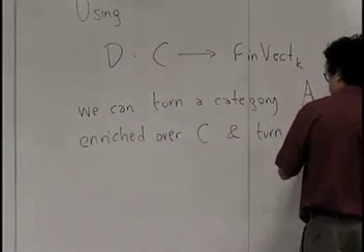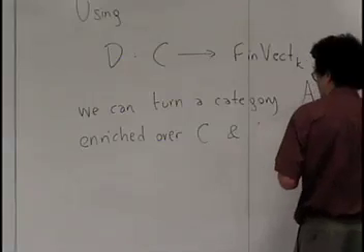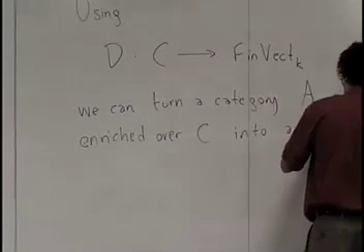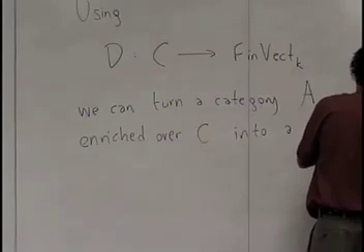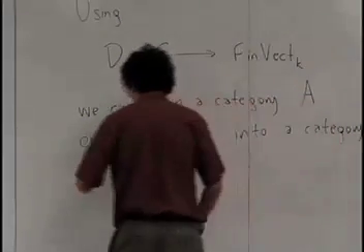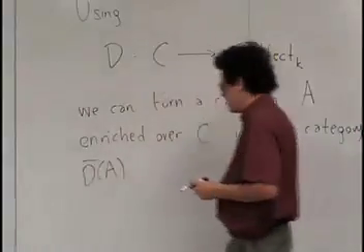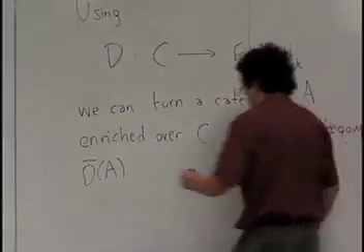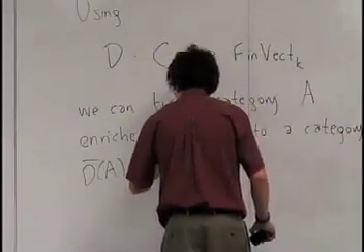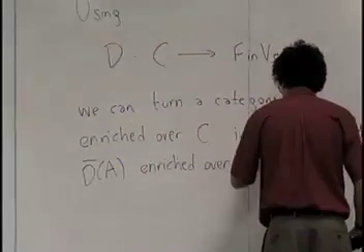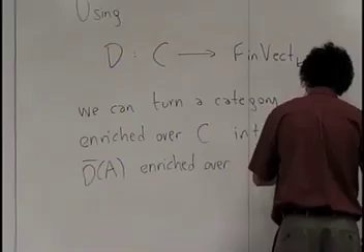You can turn a category enriched over C into a category which I'll call D bar of A. I think that may have been the terminology in the piggybacking method. Enriched over finite-dimensional vector spaces.